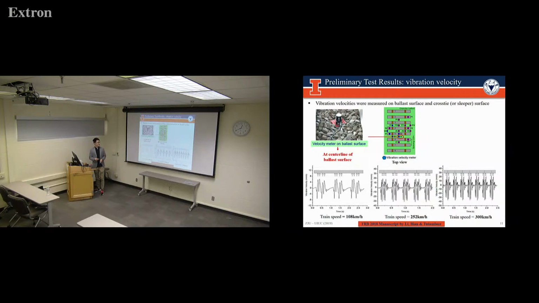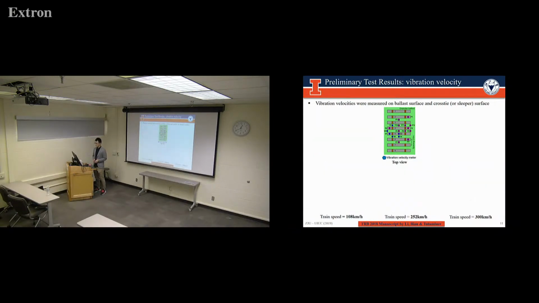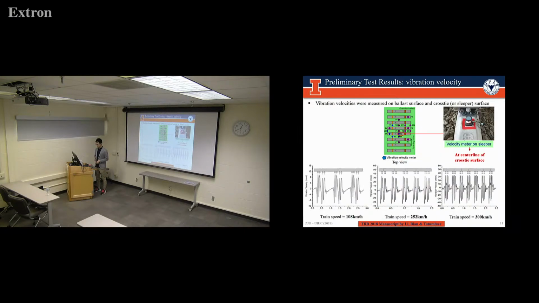This is indicated here as the V4 location, and at the bottom are the vibration velocity measurements that we obtained at 3 different speeds using this velocity meter. We also obtained the vibration velocity of the concrete cross ties. As you can see, the vibration velocity meter is mounted on the tie, and as before, these are the vibration velocity results obtained at 3 different speeds.